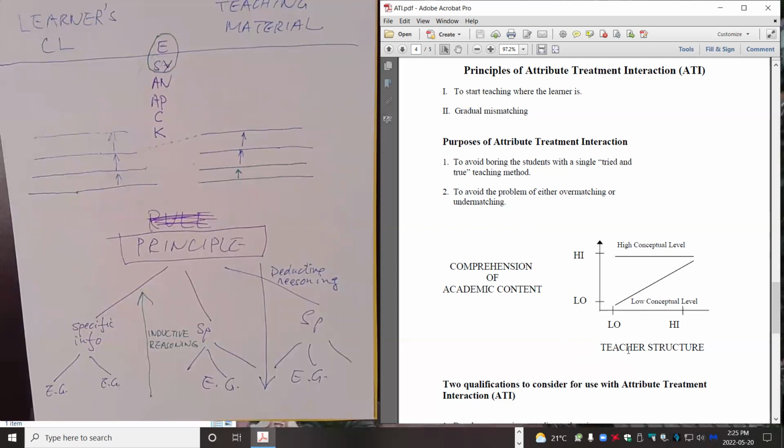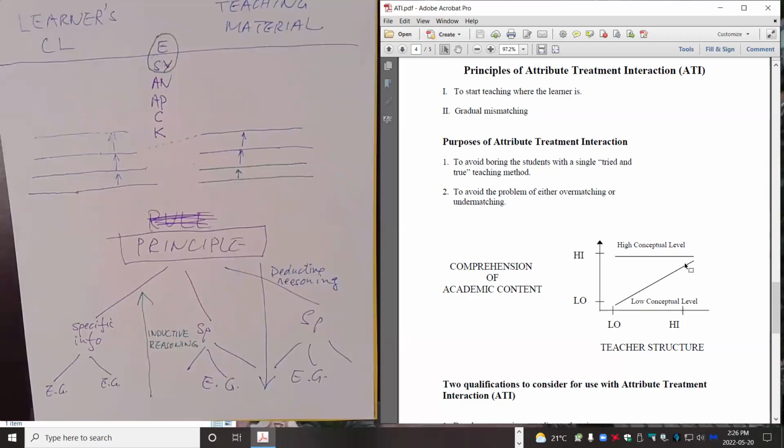Now, low structure, high structure. High structure means the teacher dictates everything, is that right? Low structure is open-ended questions. Here, closure, all right?